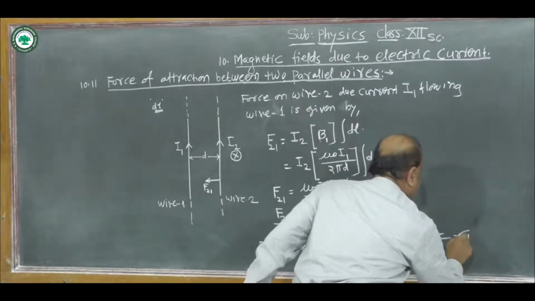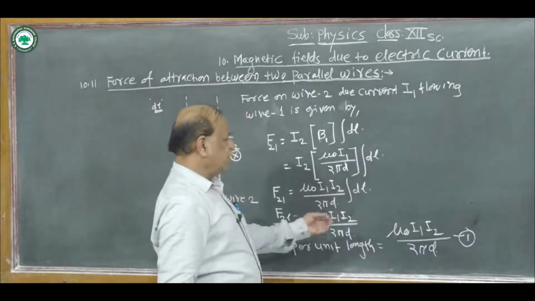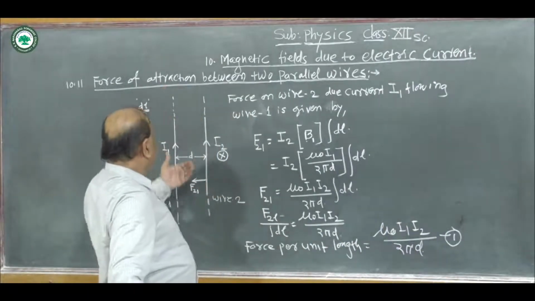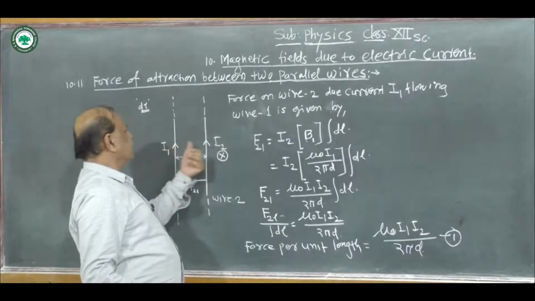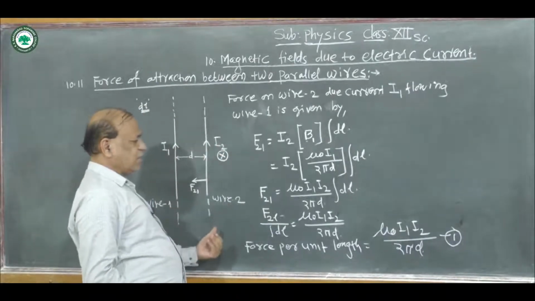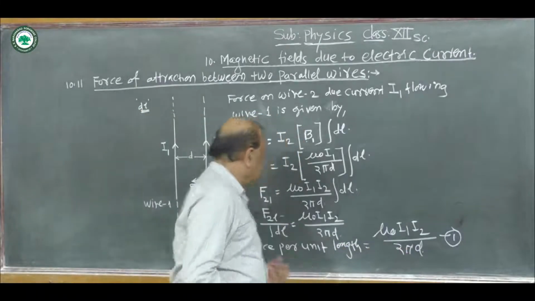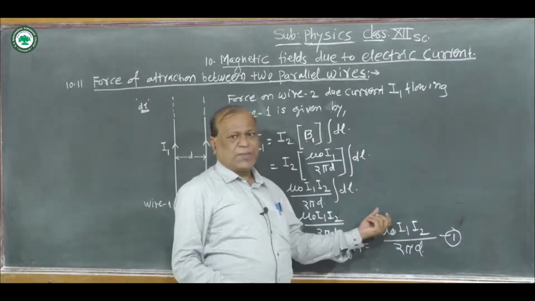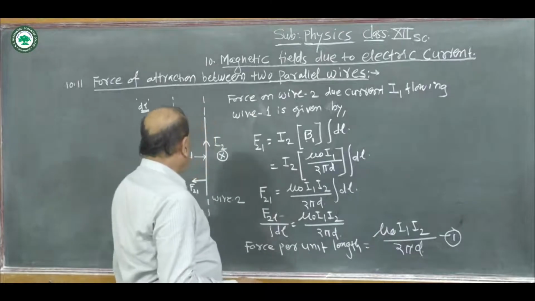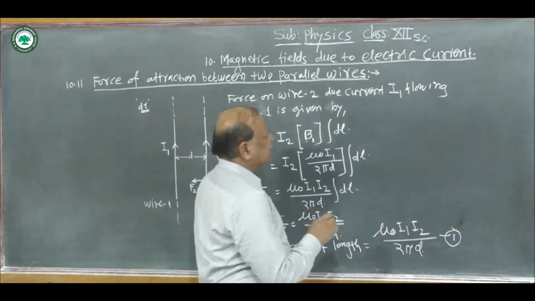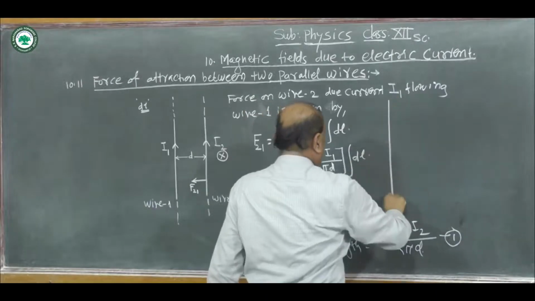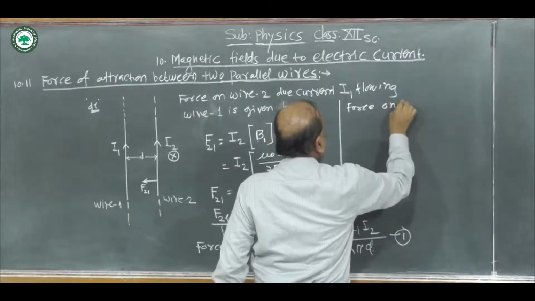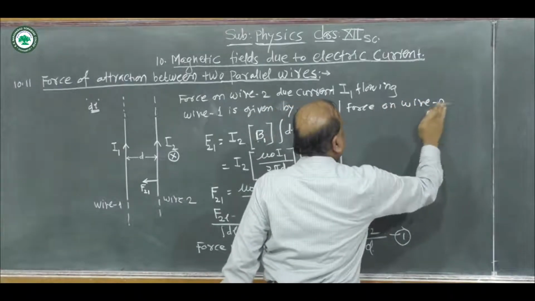Suppose this is equation number 1, where I1 and I2 are the currents flowing through the two conducting wires, wire 1 and wire 2, d is the distance between these two wires, and mu 0 is the permeability constant. Now again we find the force on wire 1 here.